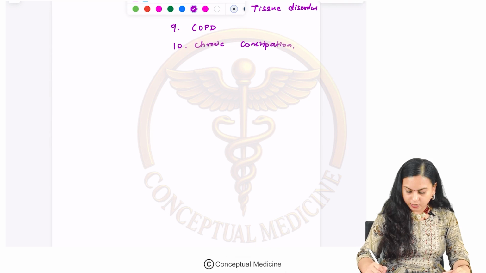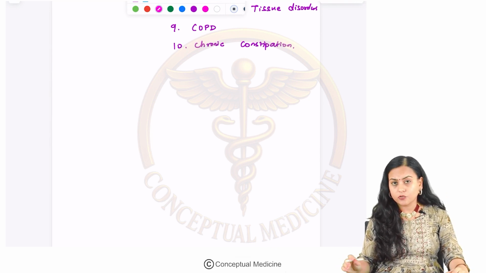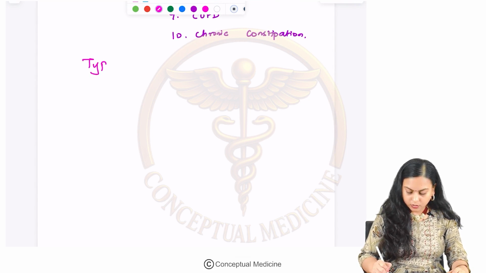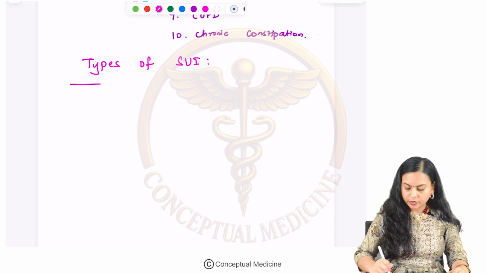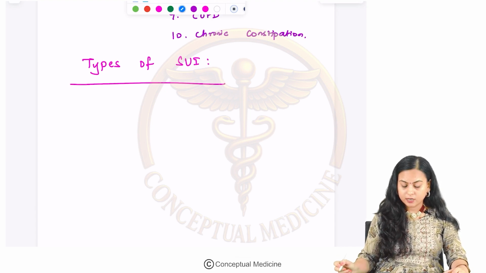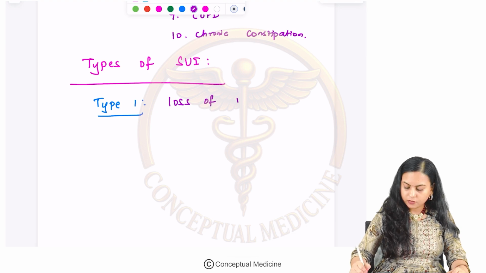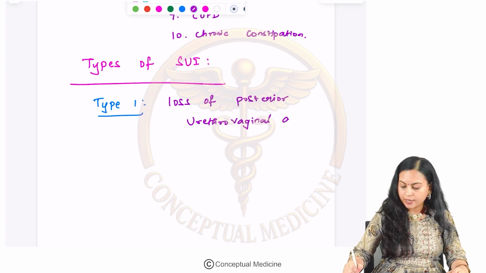Now, there are also types of stress urinary incontinence you have to know. So, the types of stress urinary incontinence, that is SUI, there are 3 types. Okay, so type 1, where there is loss of posterior urethro-vaginal angle.